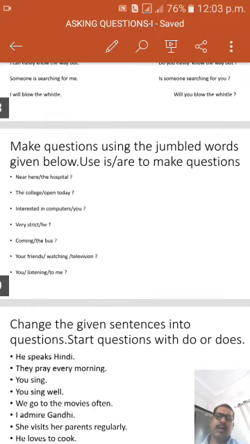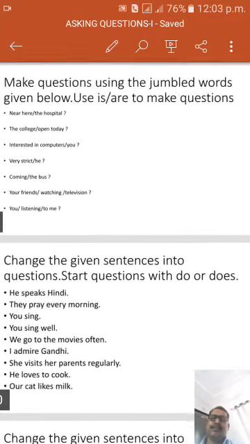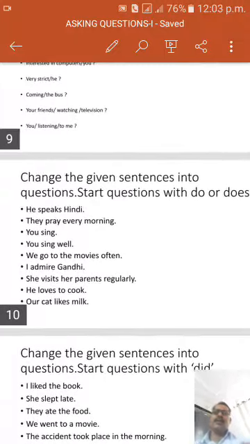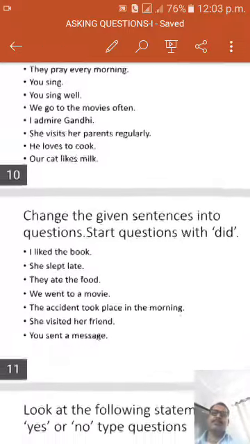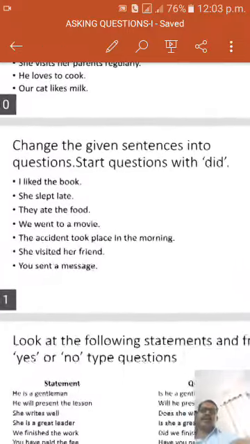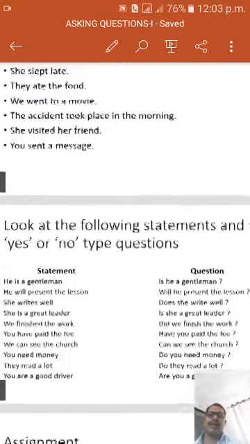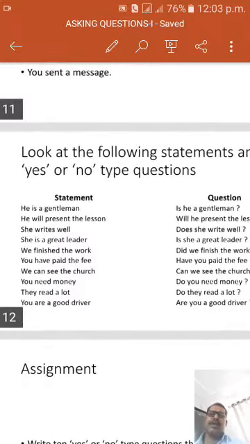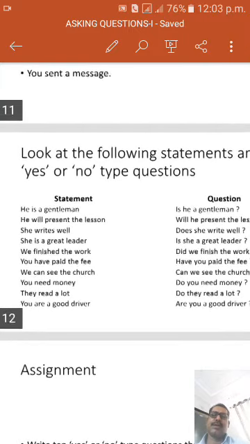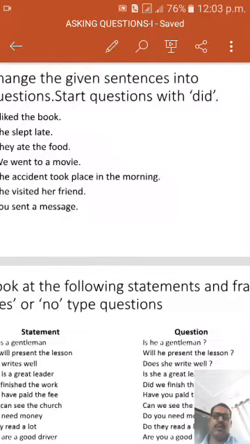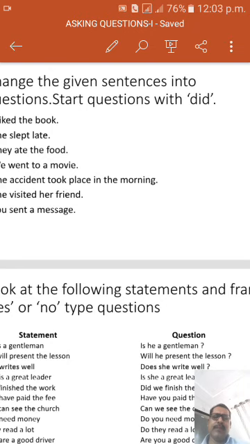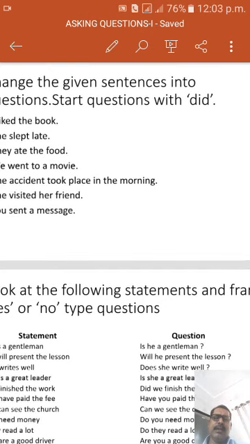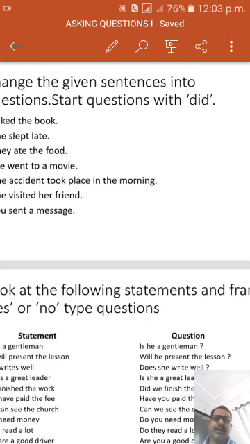If the subject is plural, use a plural verb. In the next slide, we changed some sentences into questions. In the same way, we changed further some sentences into questions. And next, we changed statements into questions. So all these activities have been done for practice purposes, to wean away the errors that generally creep in framing the questions.